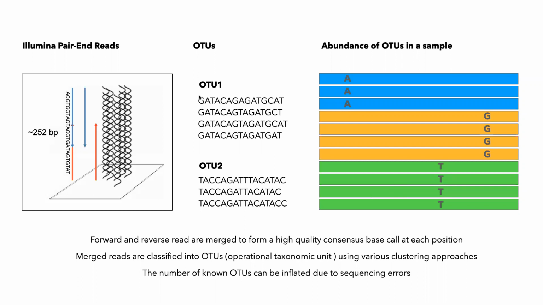Okay, if I have a number of sequences, you can see that OTU1 has some level of diversity. They are almost the same, but just a little bit different, maybe one nucleotide difference. OTU2 has just a little bit of differences. So these differences make them into one single OTU.